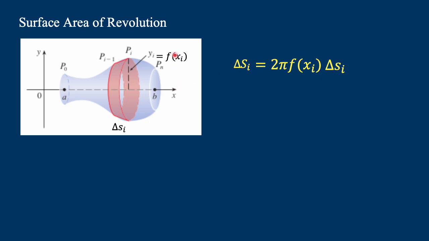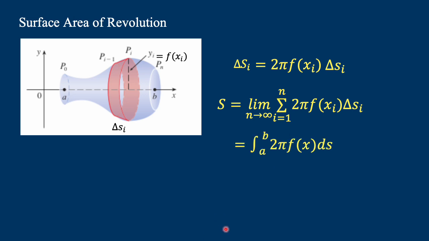We want to find the whole surface, so we cannot stop with one strip. We need to add all of them up along the curve. So the summation of 2 pi f(xi) delta si. Now we take a limit. As those strips get infinitely thin, that sum turns into the integral from a to b of 2 pi f(x) ds.